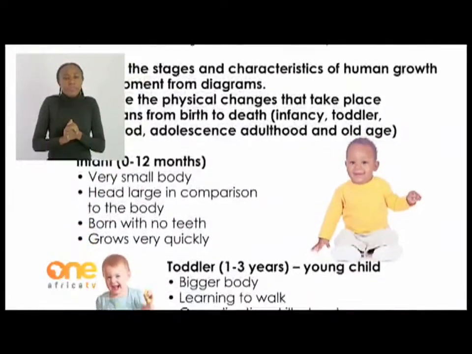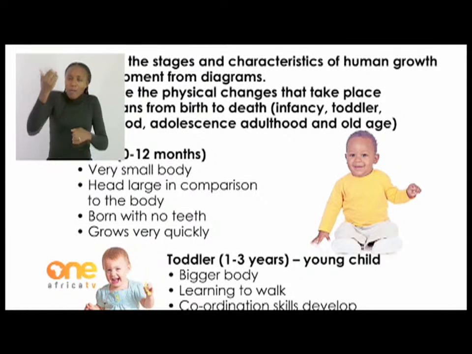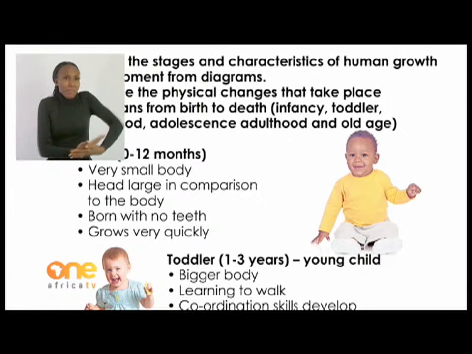Let's go back to our competency on page 16, which says we will be able to identify the stages and the characteristics of human growth and development from the diagram. We are starting at the very first stage of life. Everybody, all of us, no matter how big or small we are, at one point in life we were all infants. It means we were all babies.